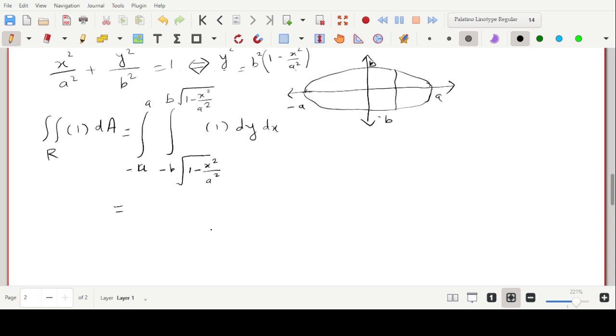So integral 1 multiplied by dy means integral of dy, which is y.